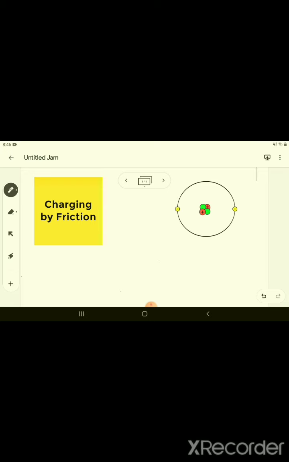And this is most commonly done by friction. Now, friction is a force which is generated when two objects move relative to each other. Okay, I'm just putting it simply. Friction is just rubbing something against another surface.